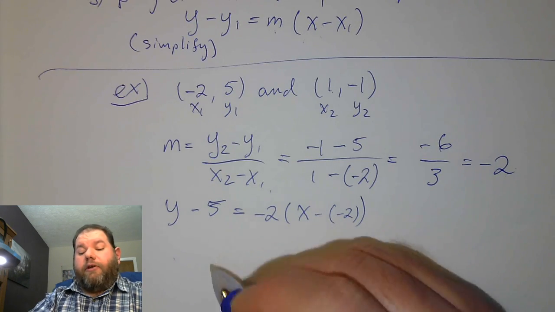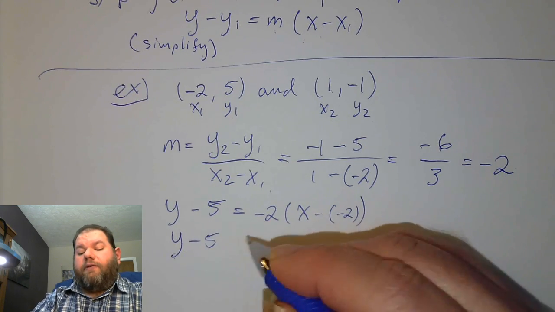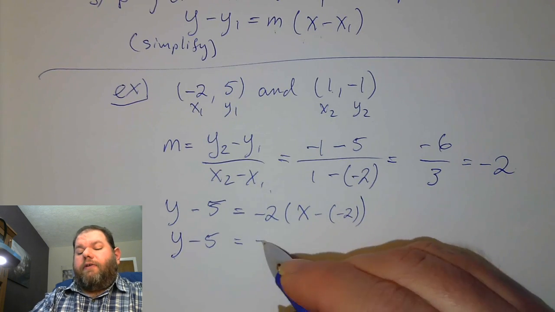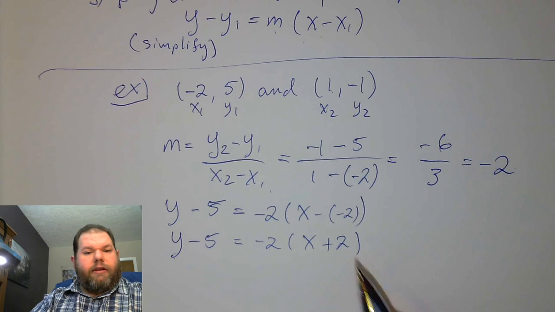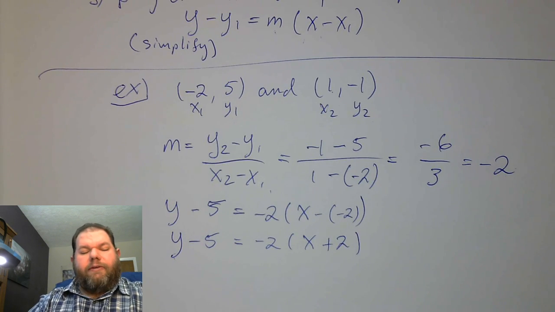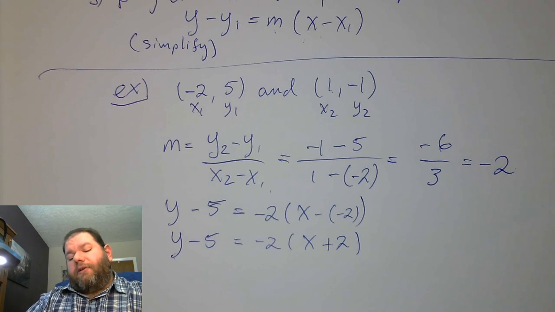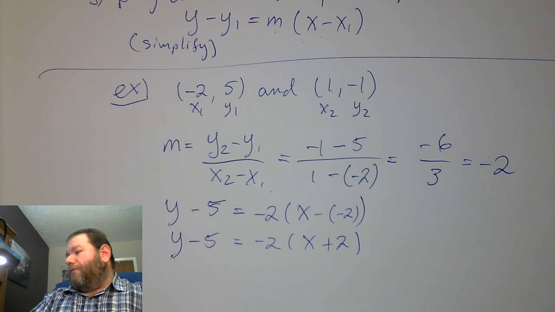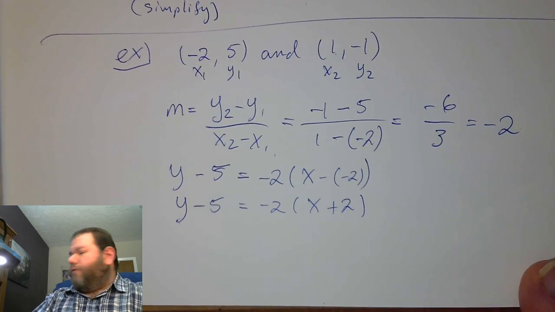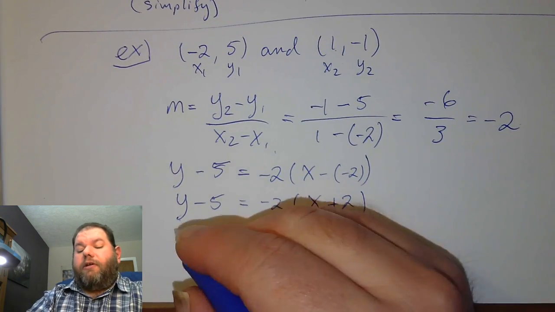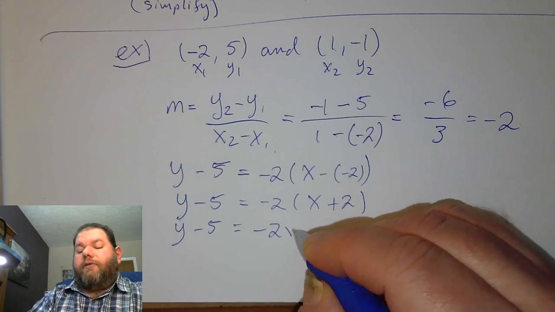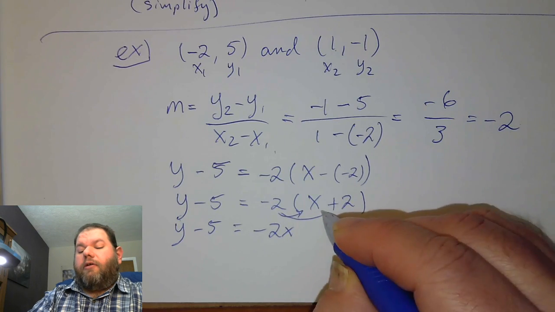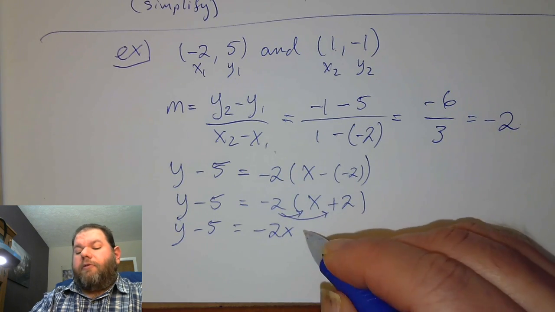From here, we go ahead and simplify on the right-hand side first. This is -2 times x plus 2. And we could have written that as plus 2. You don't have to take this intermediate step where you write it as minus a negative. If you understand it, I encourage you to not take extra steps, just to simplify the process. We distribute, so it's -2x, and then the -2 times 2 would be -4.